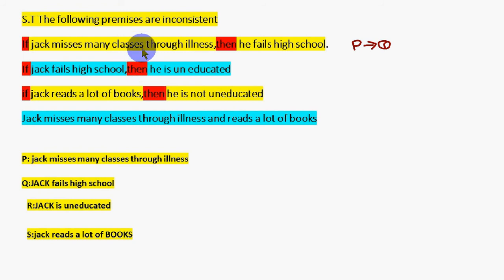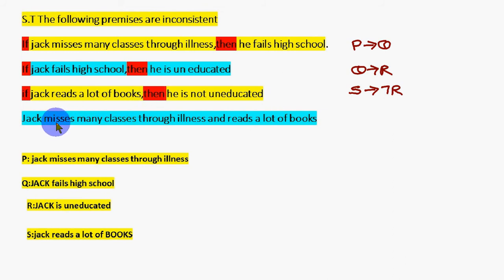The first can be written as: if Jack misses many classes, P, then he fails high school, Q. P conditional Q. Second statement: if Jack fails high school, Q, he is uneducated, R, that means Q conditional R. Third statement: if Jack reads a lot of books, then he is not uneducated, that means S conditional not R.